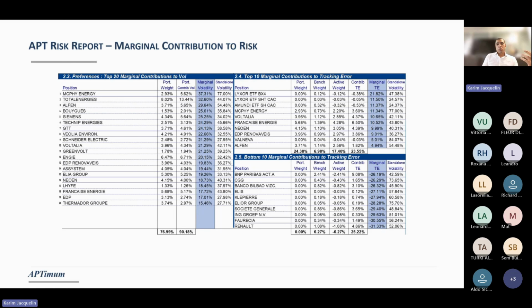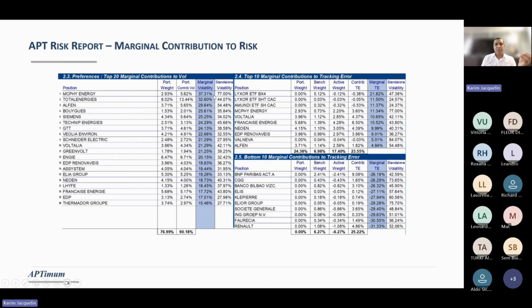So if you want to reduce the portfolio volatility, the most effective trade for this portfolio, if you have a limited amount of turnover, let's say if you don't want to sell more than 1% of your portfolio, the most efficient trade would be to sell McPhy Energy, because if you sell 1% of McPhy Energy, the portfolio volatility would go down by 1% multiplied by this marginal volatility.